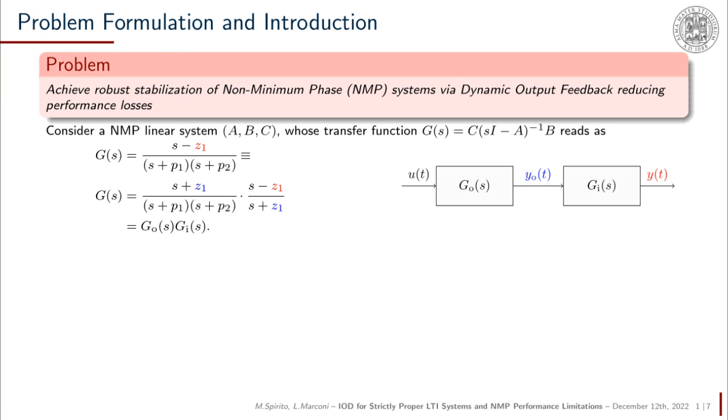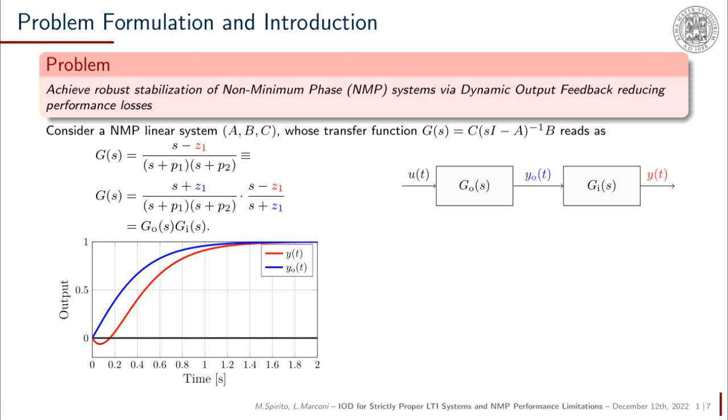We thus have obtained a minimum phase system in cascade with a non-minimum phase system which is stable. We have actually found the outer and inner terms of the original plant.